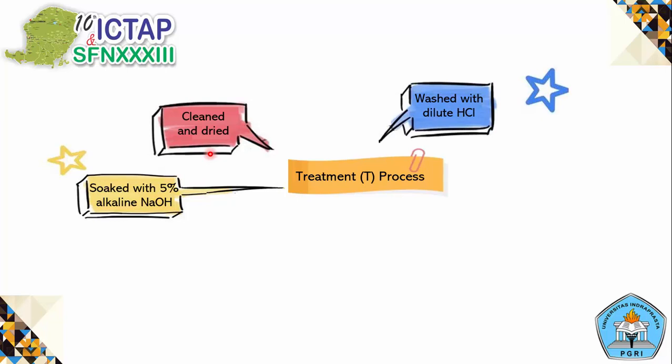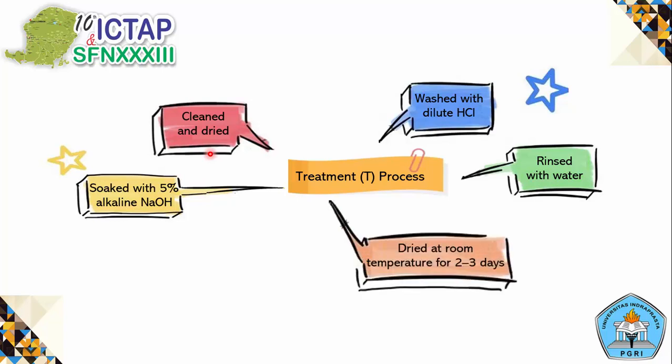Then washed with dilute hydrochloric acid to remove excess alkaline. Next, the fiber was rinsed with cold water 2 or 3 times. After rinsing, the fiber was dried at room temperature for 2 to 3 days. Ultimately, the sample was ready to be characterized by using SEM.